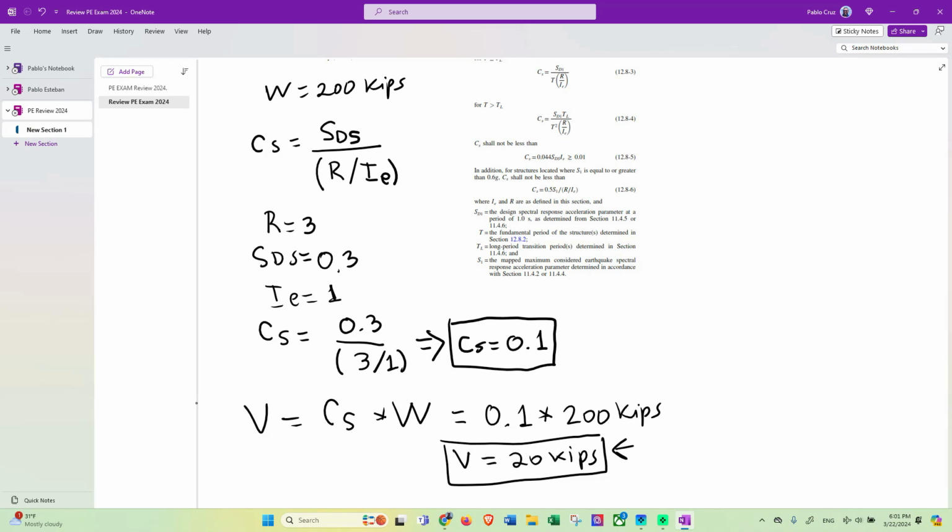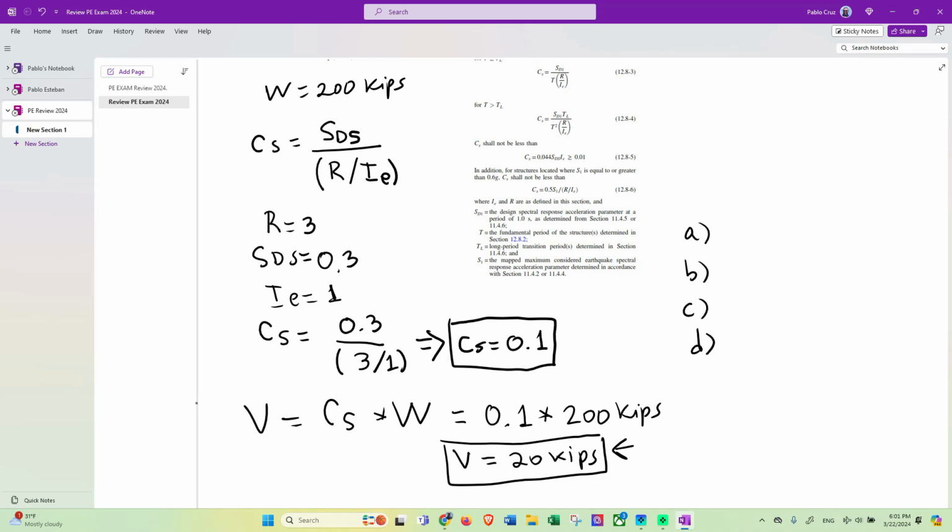Usually, and I haven't talked a lot during the last videos about how the exam shows you the answers, but probably you know a little bit about that. I'm not going to waste much time on this, but you usually have multiple choice. You can have answer A, answer B, answer D, different options.